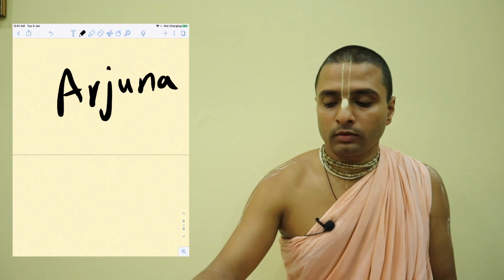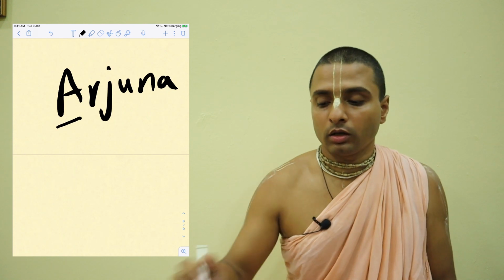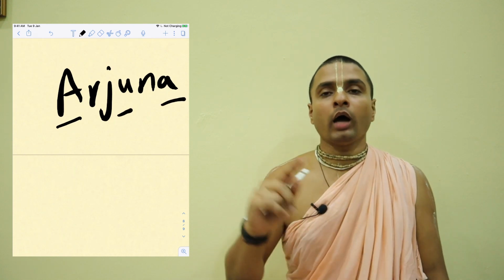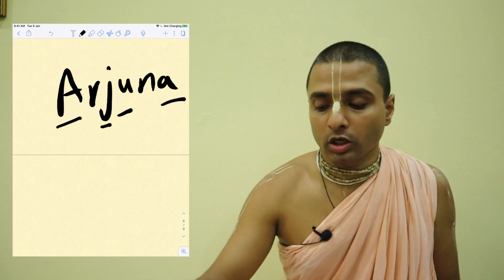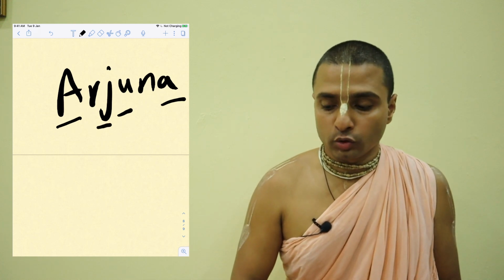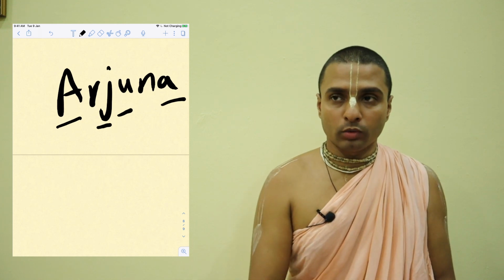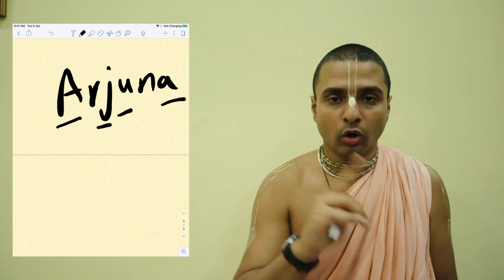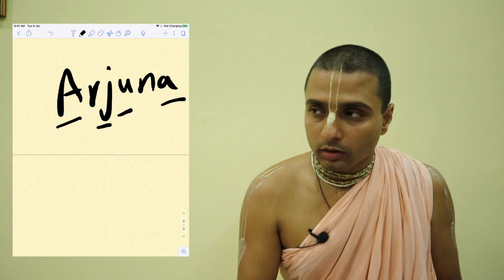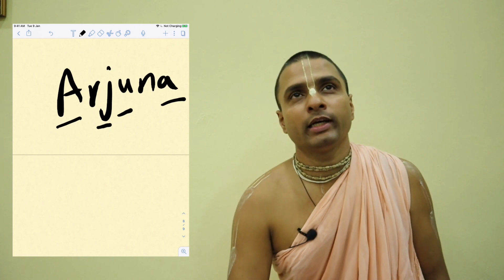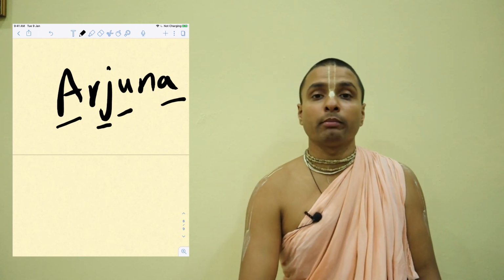Arjuna. This is A, the first vowel A, and this is also A, and this is U. A, I, U. This is J. Arjuna. N is the normal N, as in the N in normal. But the N for Krishna, the English equivalent will be R and N, like barn.